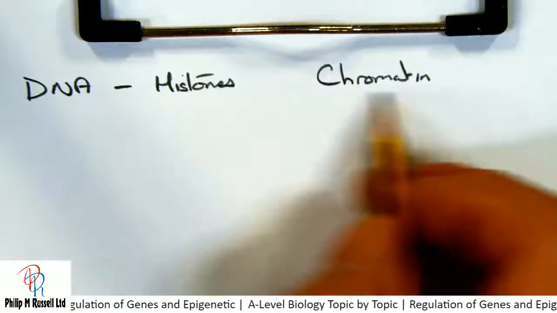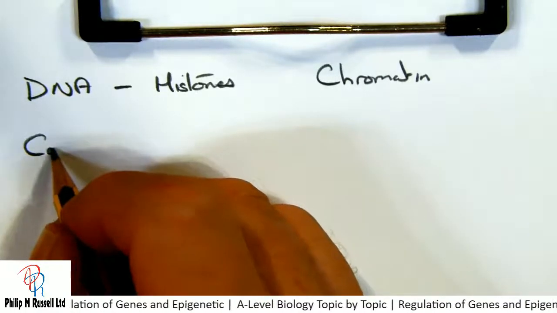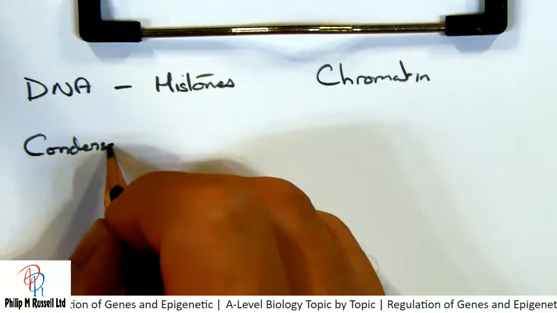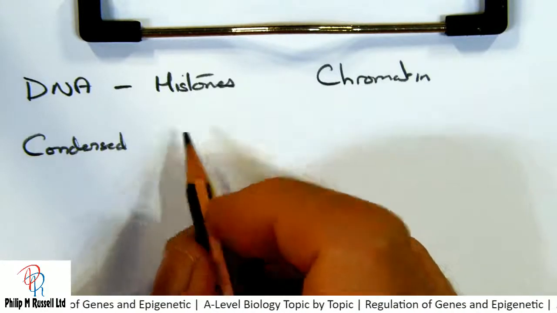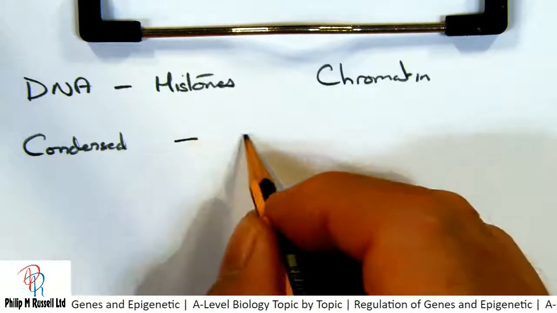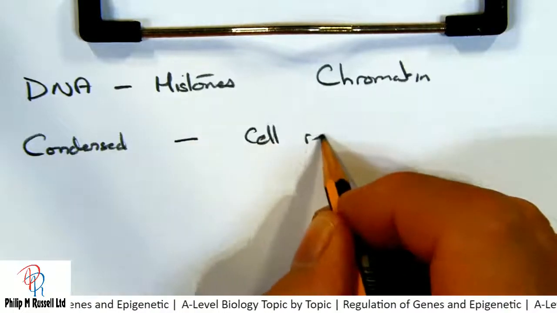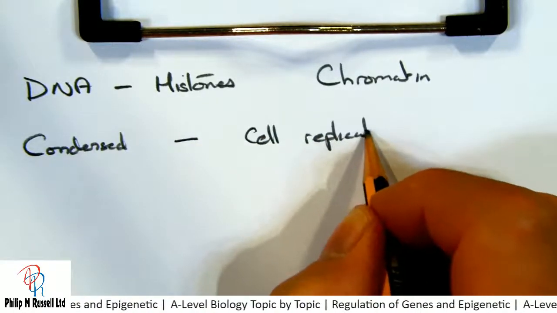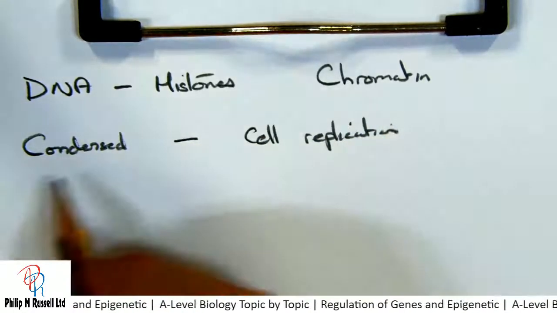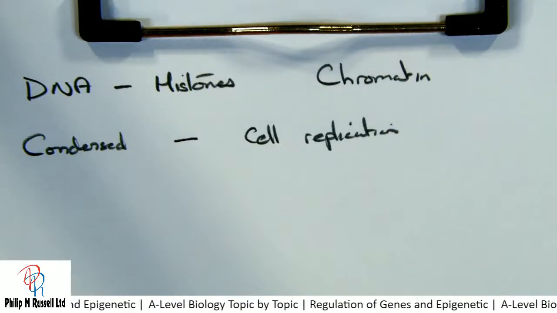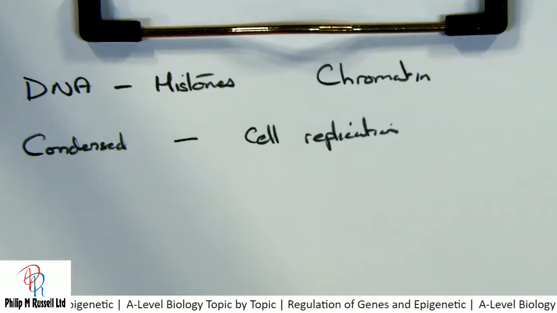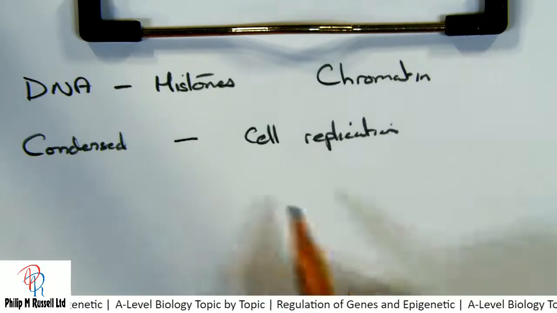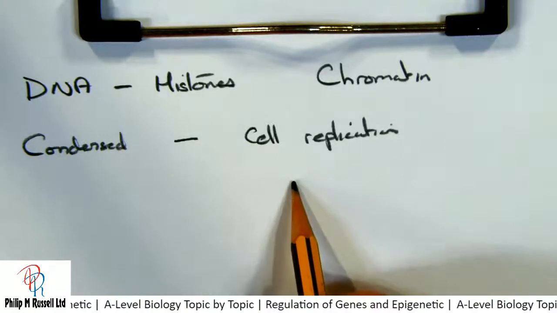This chromatin is basically condensed, and we see that when we're looking at cell replication. During cell replication, nothing is being made. Well, not transcribed from the DNA. Any mRNA that's already been made, yeah, that can carry on doing its job.